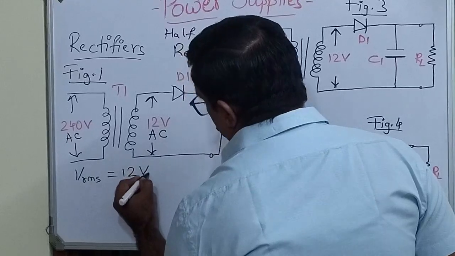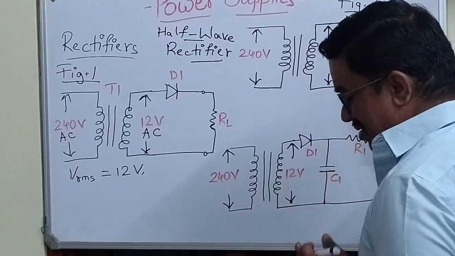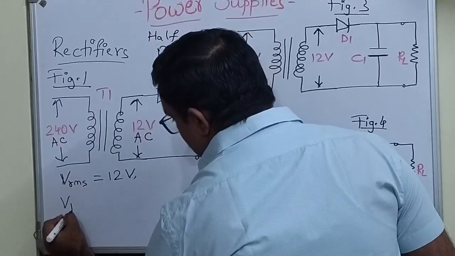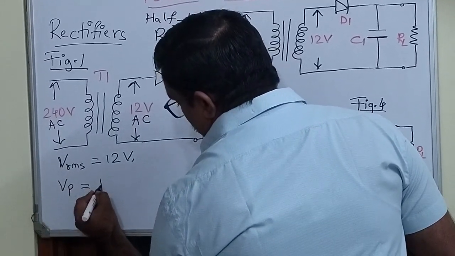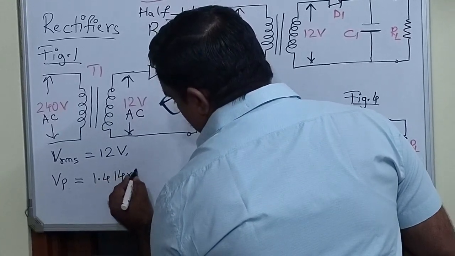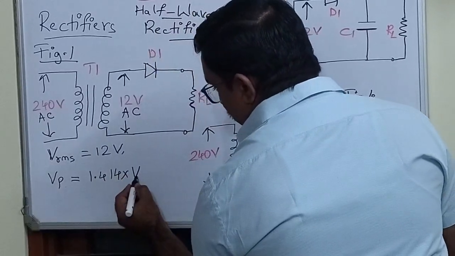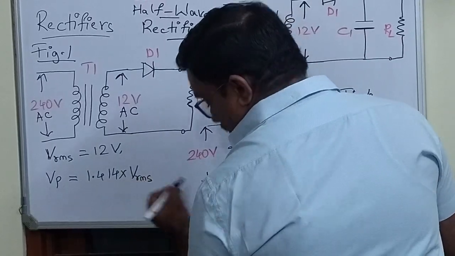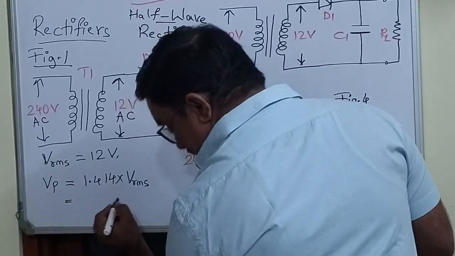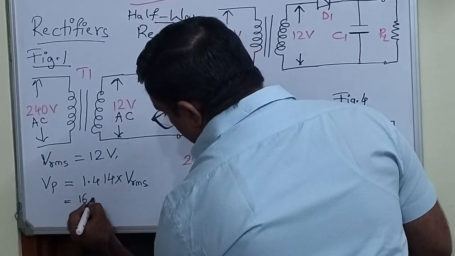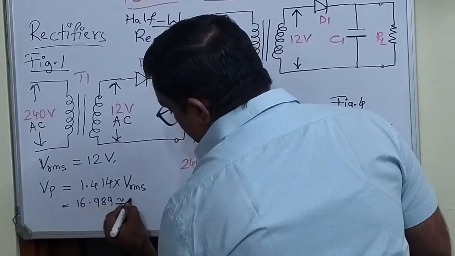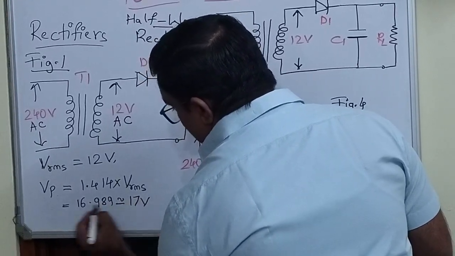In order to get the peak voltage, we multiply this RMS voltage by a factor of 1.414, and hence we get a value of around 16.989, which is approximately 17 volts.